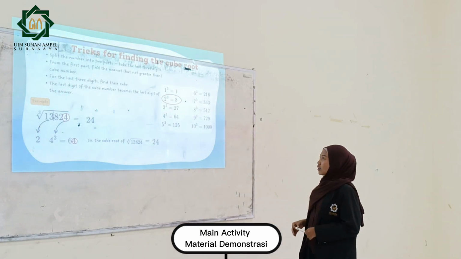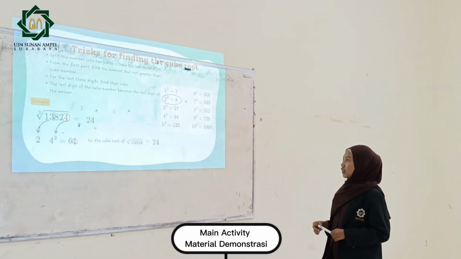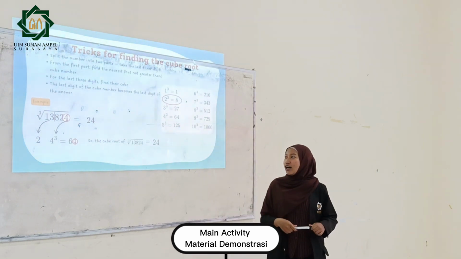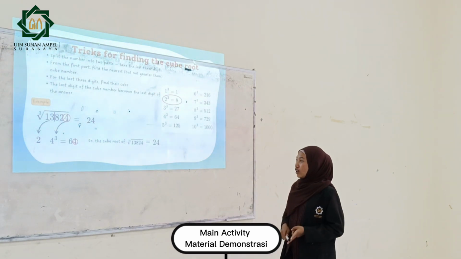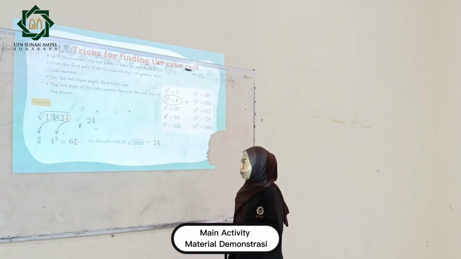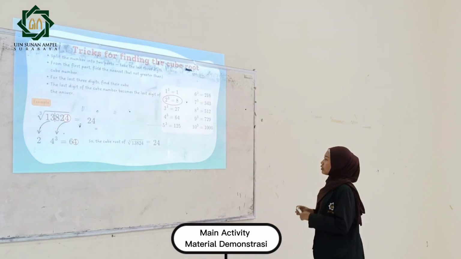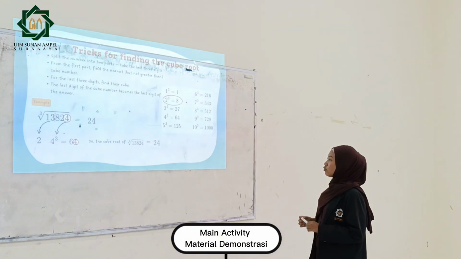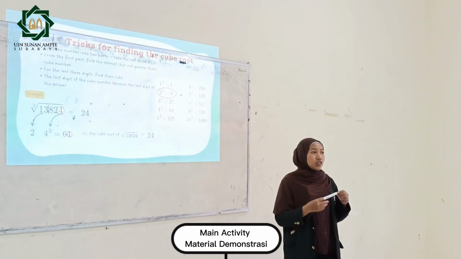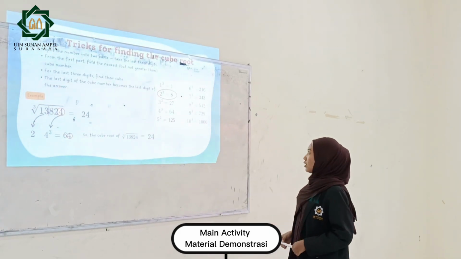And the last digit of the cube number becomes the last digit of the answer. And we have 2 and 4, and we combine them, 24. So the cube root of 13,824 is 24. Okay, so remember the trick.